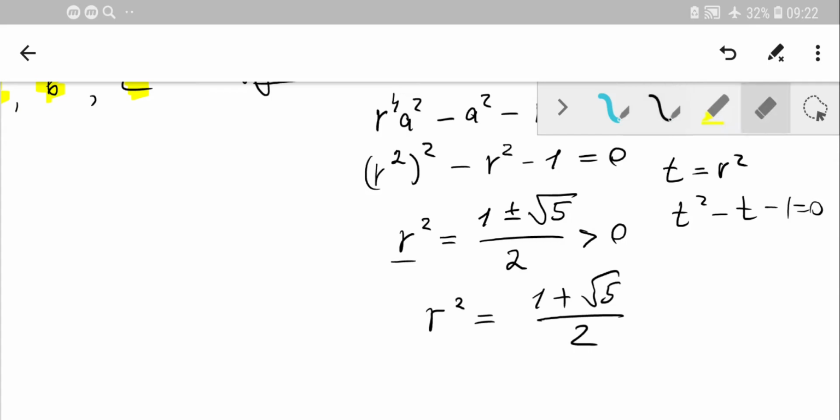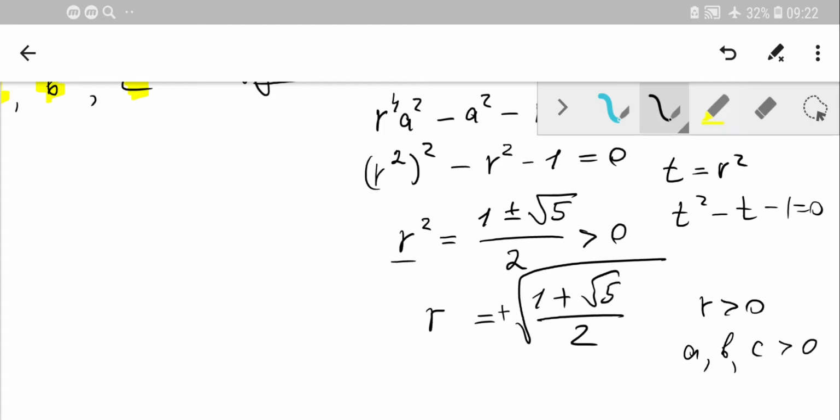And now we take the square root of both parts. Normally you should write plus or minus, but I just reject the negative value because our common ratio should be positive, because all lengths are positive. So finally we'll get this expression for the common ratio.